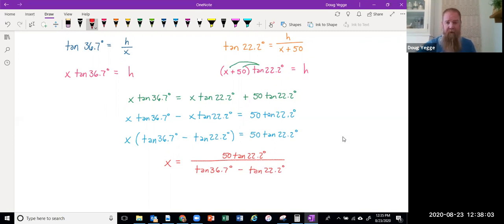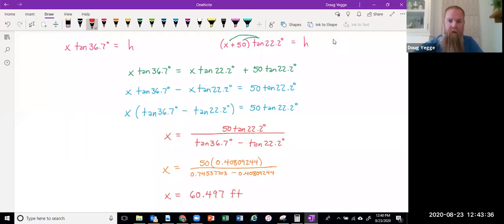Now on our calculator, we could find what each of these values are. By putting each of these quantities of tangent 22.2 degrees and tangent of 36.7 degrees into your calculator, you get these values of approximately 0.408 for tangent 22.2 and approximately 0.745 for tangent of 36.7.